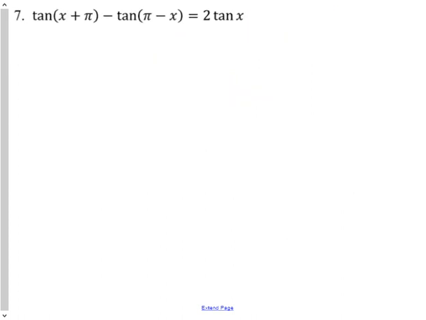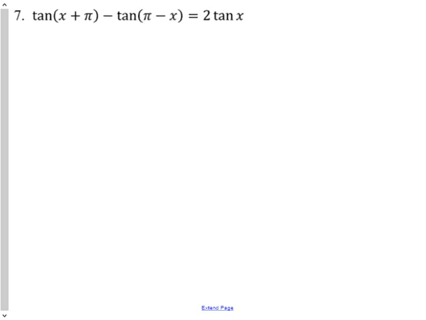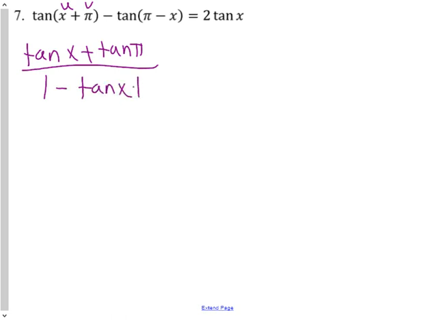Next one: tangent of x plus pi minus tangent of pi minus x equals 2 tangent of x. Get out your trusty piece of paper to follow along. We're going to have tangent of u plus v, where tangent of u is x and tangent of v is pi, over 1 minus 1 of each multiplied.